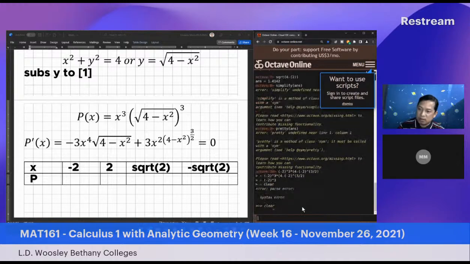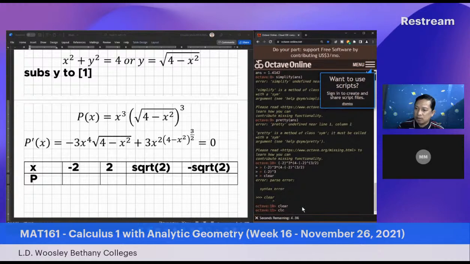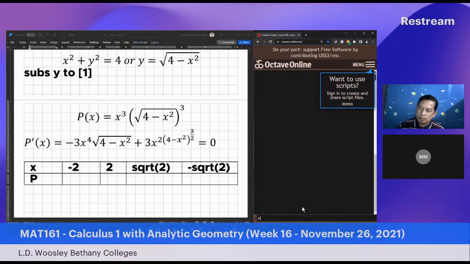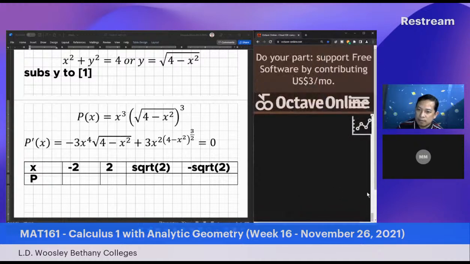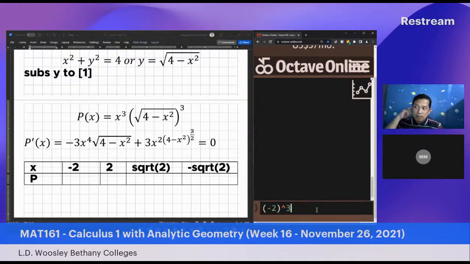What is happening here? Ulit. Okay. So we have here by the definition, x cube times the quantity 4 minus negative 2 squared raised to 3 halves.